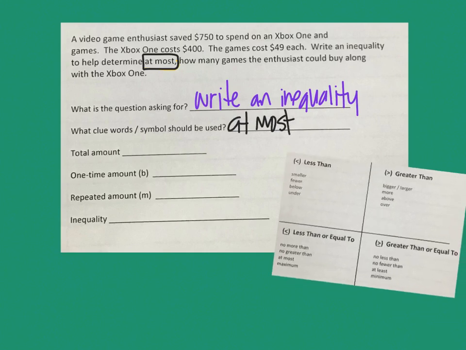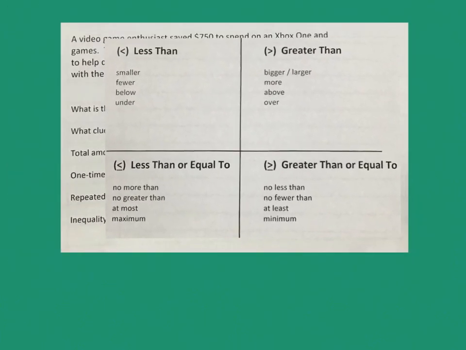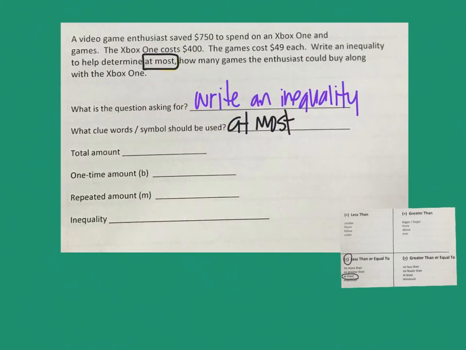And then double check my chart. The word at most, right here. So that gets me a less than or equal to sign. At most is the word I was looking for. So that means less than or equal to. That's my symbol I'm using.